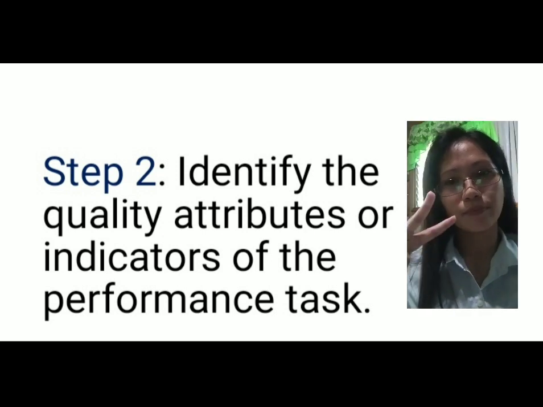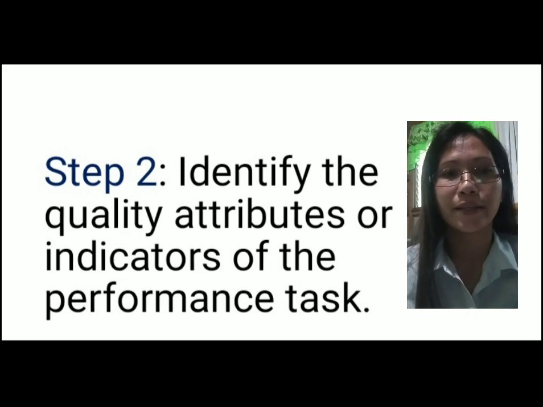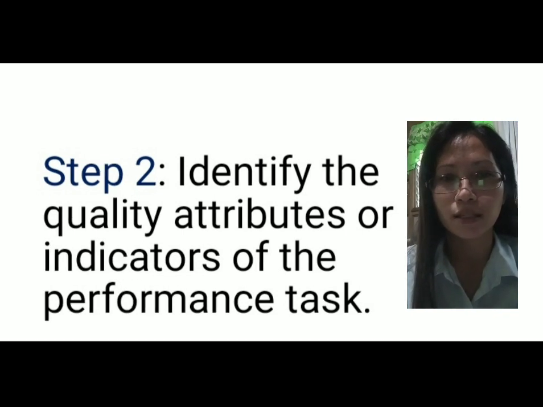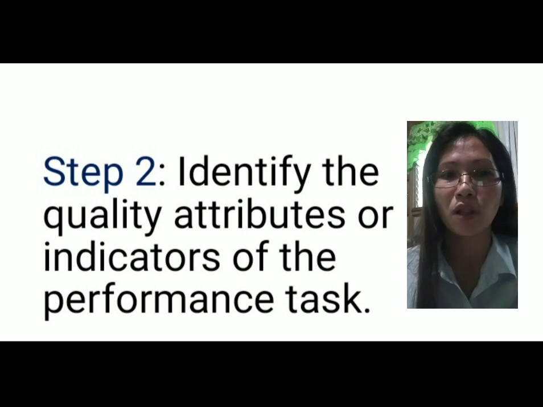And for step 2, we have here identify the quality attributes or indicators of the performance task. So next, you need to identify the list of all possible attributes or indicators of good performance. This can be based on your own expectations and benchmark exemplars of work that reflect standards.